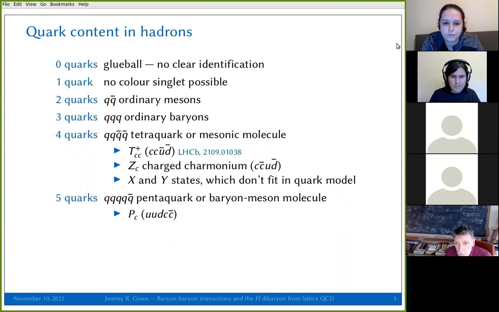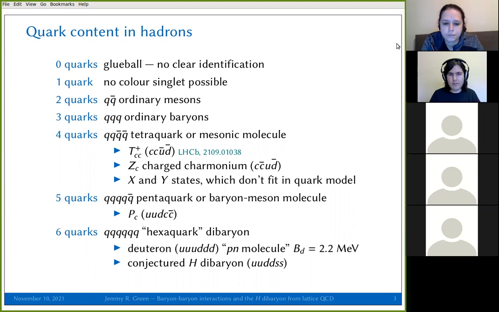What I'm looking at in this study is the six-quark sector, something you might call a hexaquark or a dibaryon. Of course, there is one that's extremely well known in nature, the deuteron. But from this molecule versus compact state picture, you would generally call the deuteron a proton-neutron molecule.